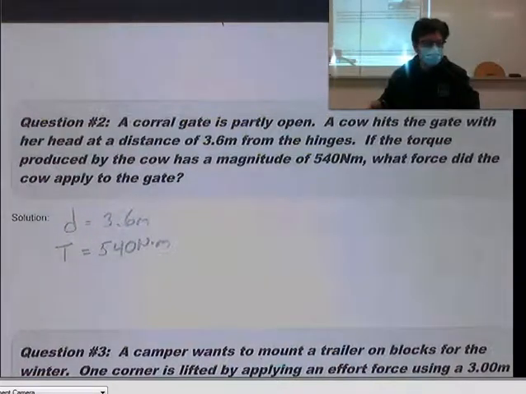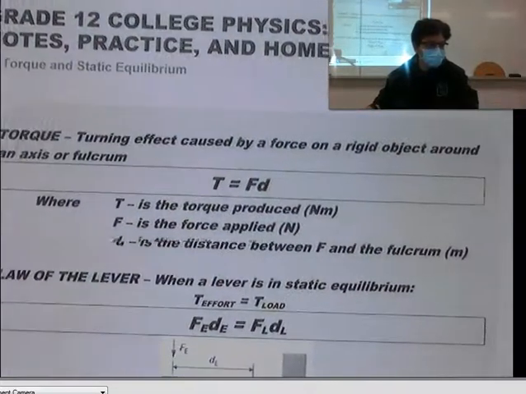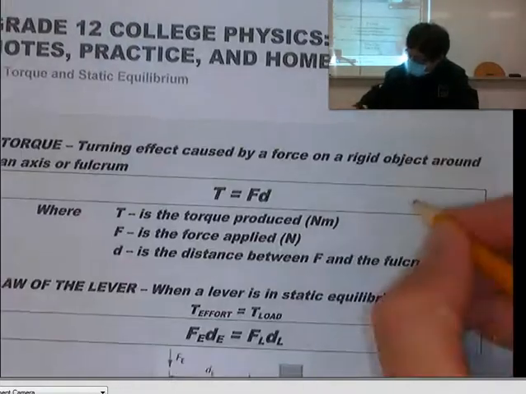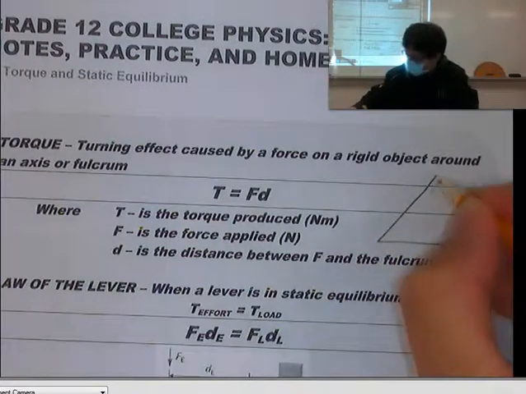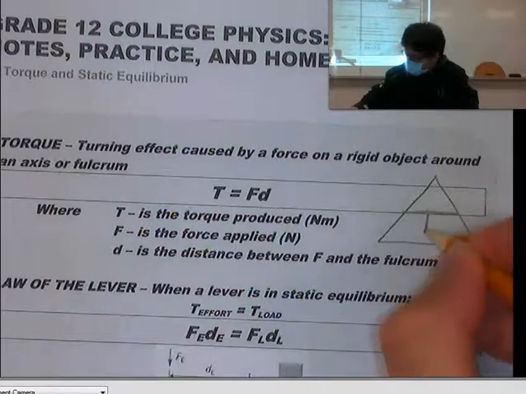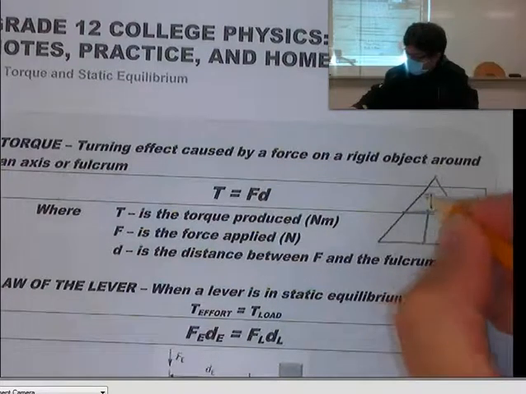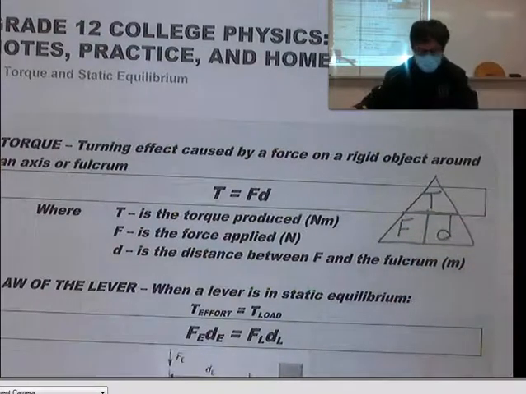Now, if we go back to our equation right here, we can write a triangle to help us, where we'll have torque at the top, force, and distance. In this triangle, for this question, we're trying to find force.